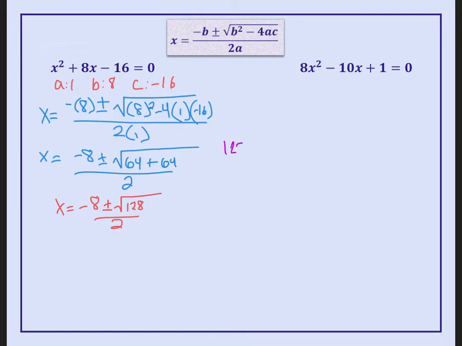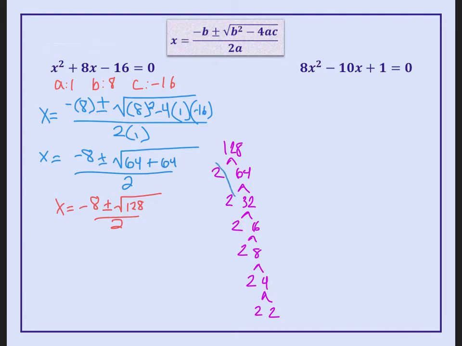So 128, I have 2 and 64. And actually, 2 and 64, I didn't know 64 went into it. That's your perfect square. But we can continue breaking this down to 2 and 32, 2 and 16, 2 and 8, 2 and 4, 2 and 2.